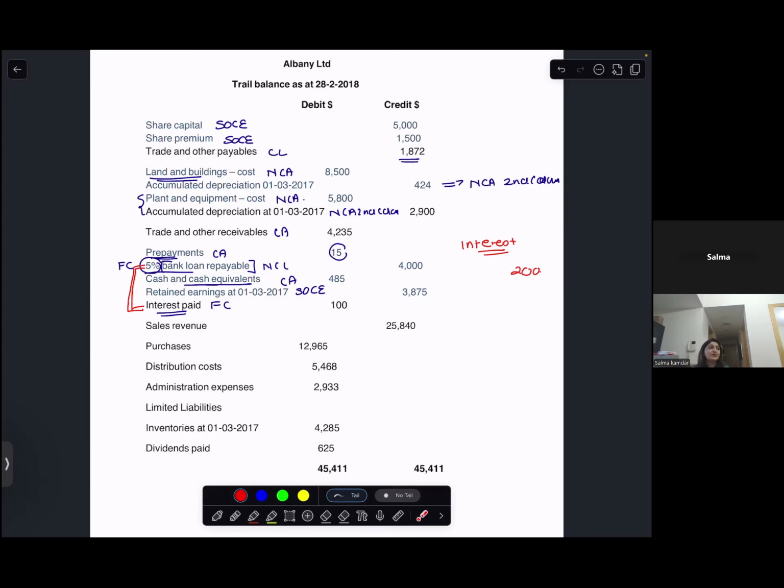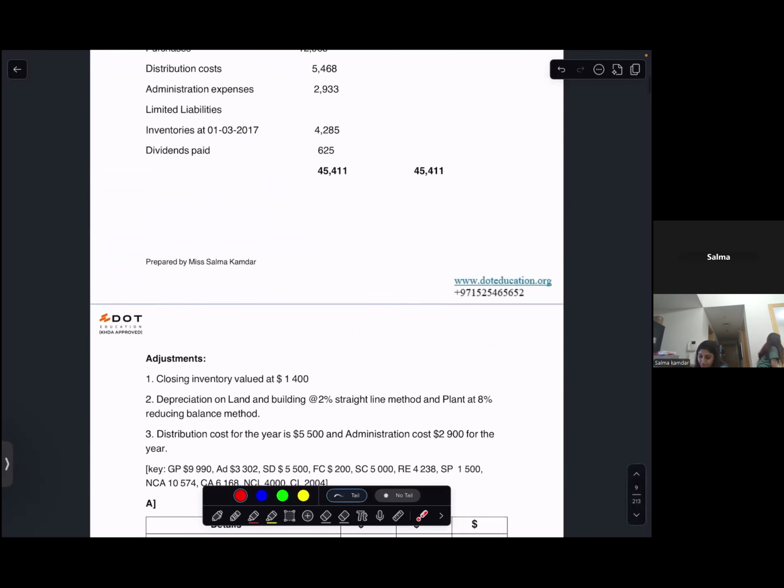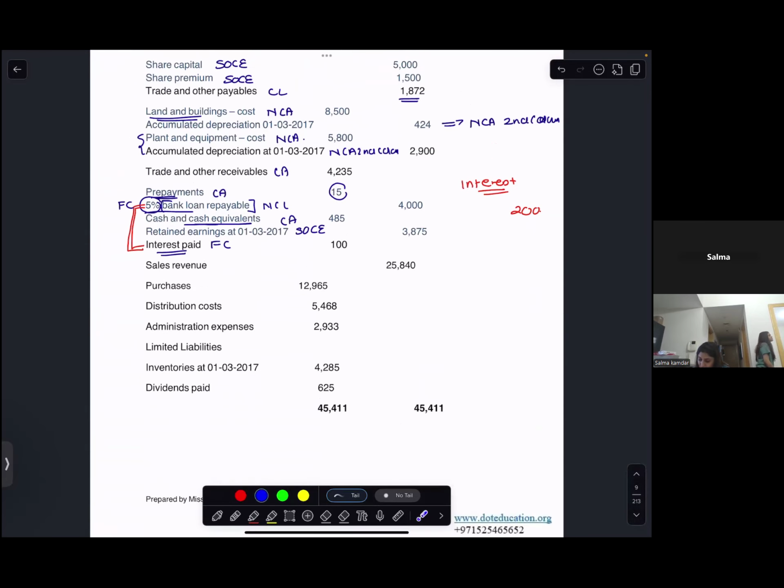This is the hidden adjustment. When we were scrolling through, there was no adjustment related to the bank loan. So this is your hidden adjustment, which I'm writing in red color. Add outstanding, O/S, 100.